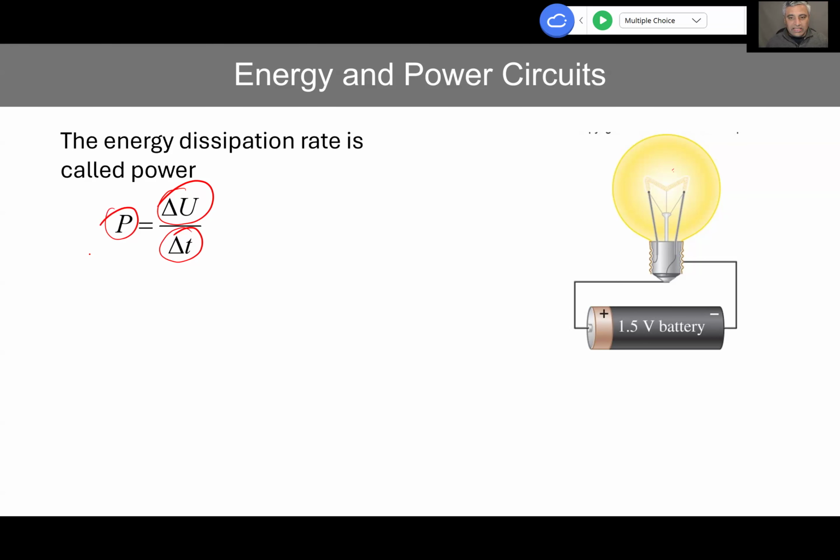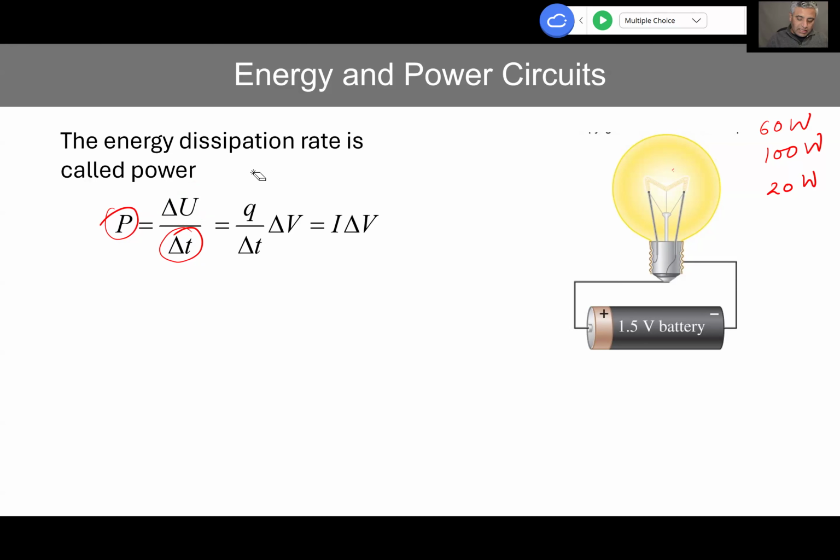When we say light bulb, you may be familiar with 60 watt, 100 watt. These days with LED, we can get away with 20 watt, okay? That is the power, meaning how much electrical energy it is converting into other kinds of energies. That's what it means, okay? Rate of conversion or dissipation of energy.